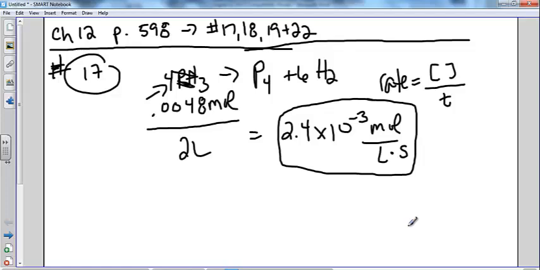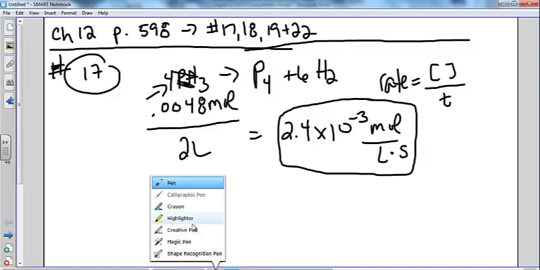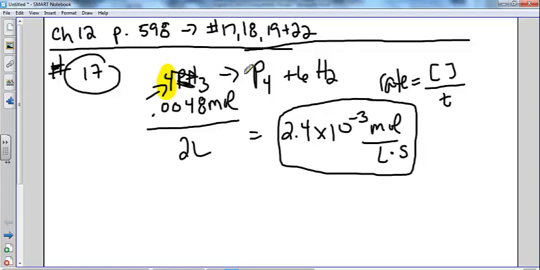Now, what they're asking us for is what about the rate of production for the 2 products? Okay, so all that we have to do is look at the mole ratios on this one, simply because it doesn't give us another way with which to talk about it, but we can use that as a production ratio for this one as well.